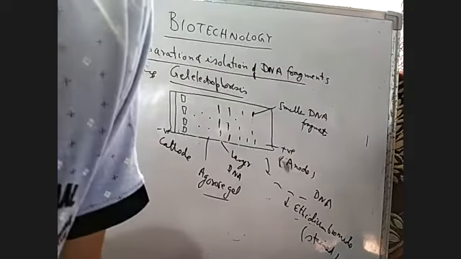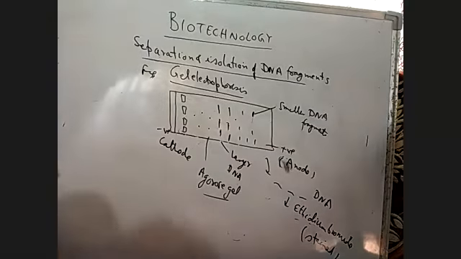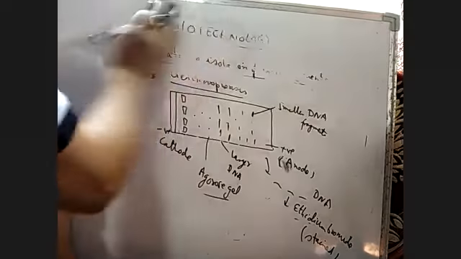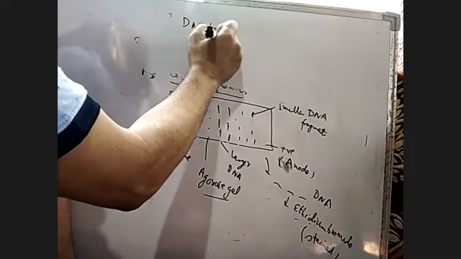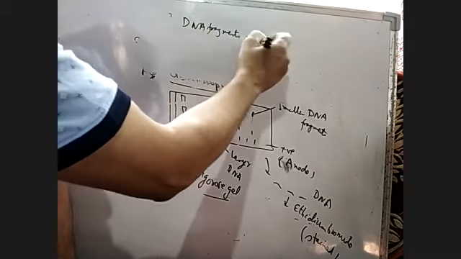After staining by ethidium bromide, the DNA fragments are exposed to UV rays.